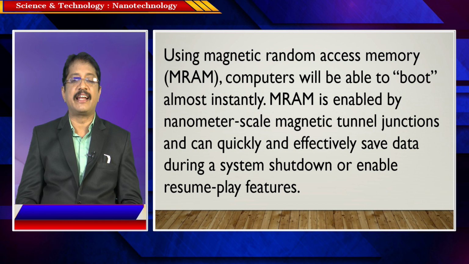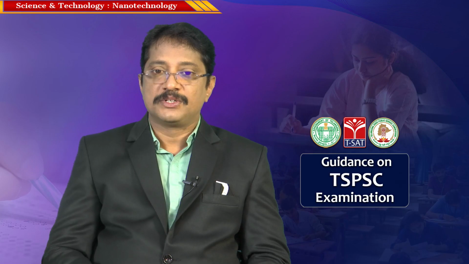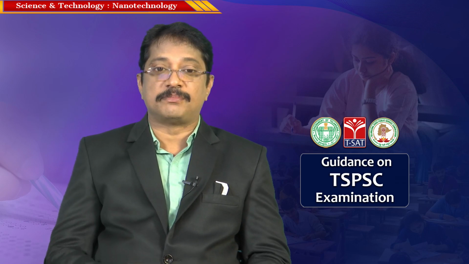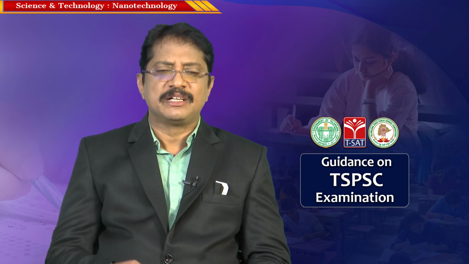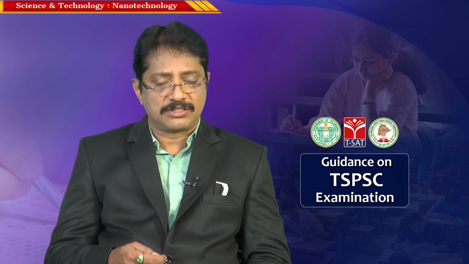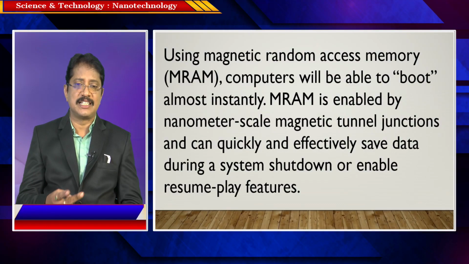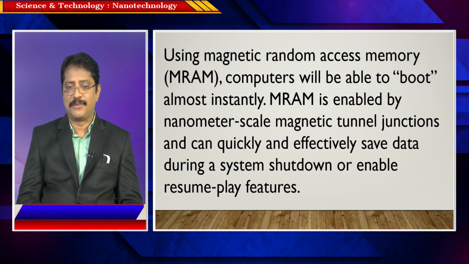So this is a very important application in nanotechnology, the MRAM, meaning magnetic random access memory. Generally we are using ROM, that is read-only memory, and RAM, random access memory. These are the two kinds of memories. Everyone knows that.